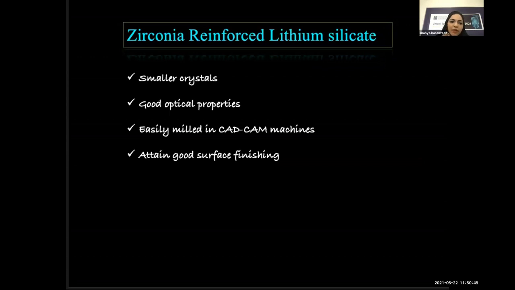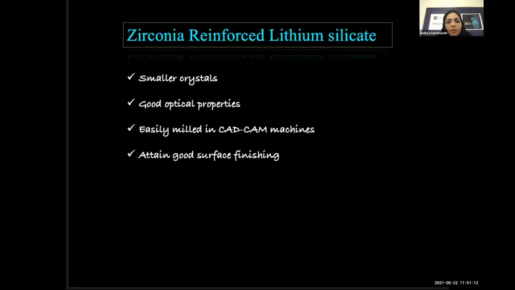So what's the advantage of the zirconia reinforced lithium silicates? ZLS materials, in summary, have a microstructure containing smaller crystals, which guarantees this material mechanical properties similar to those observed for lithium disilicate.